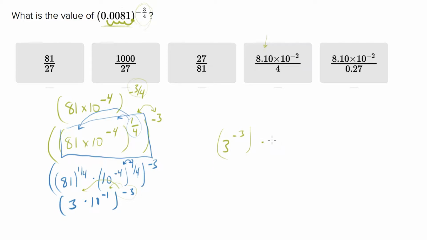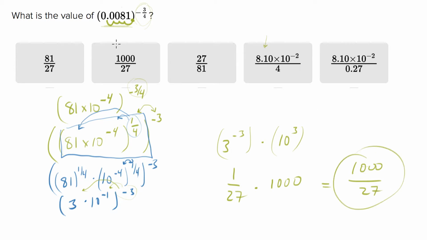So -1 times -3 is just 10 to the 3, right? So this is equal to, let's see, 3 cubed. 3 times 3 is 9, times 3 is 27. So you can think of this as 1/27 times 1,000, which equals 1,000 over 27, which is your answer.